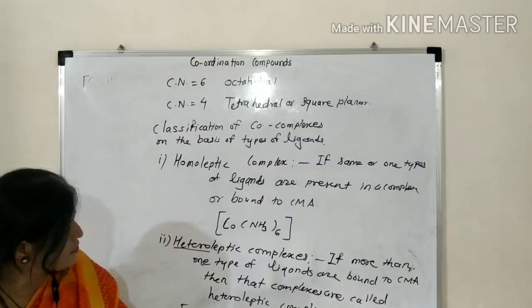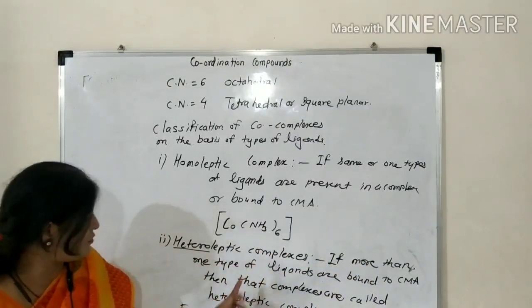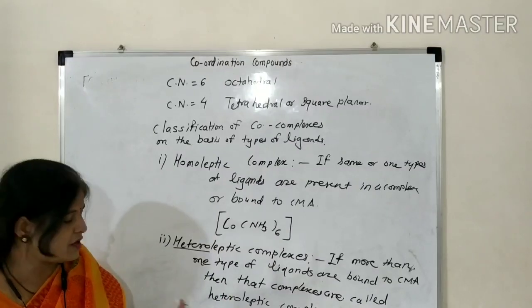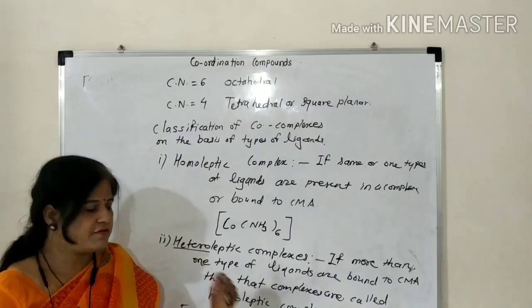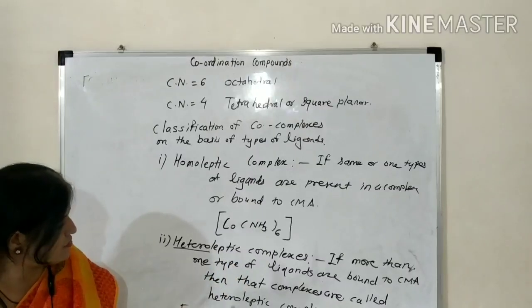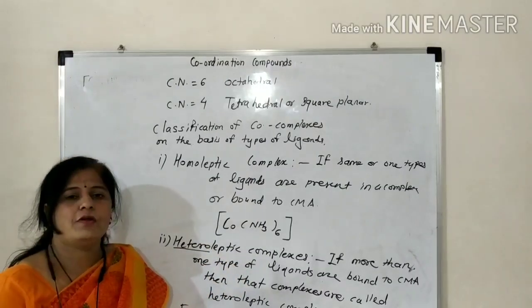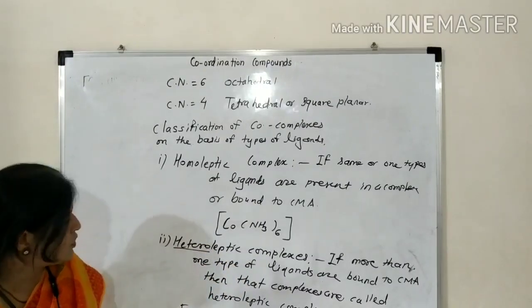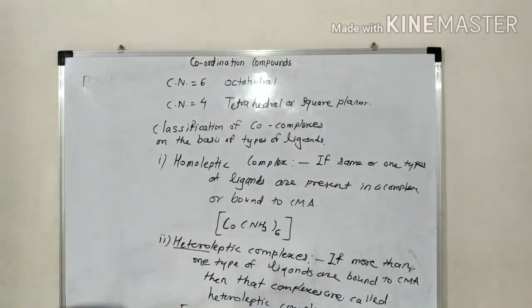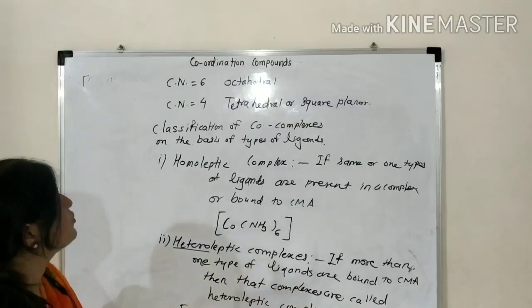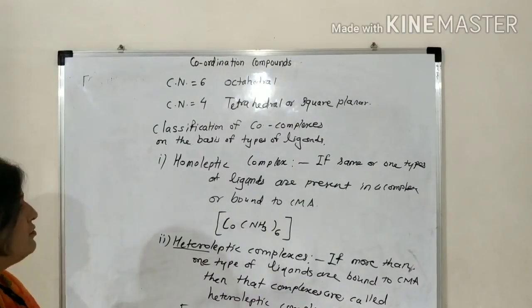Two different ligands, ammonia and chloride, are present in this complex, therefore that is called a heteroleptic complex. Understood? We can take other examples also. This is about the classification of complexes on the basis of types of ligands.